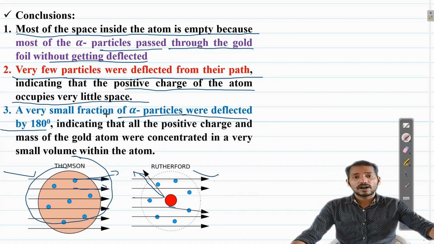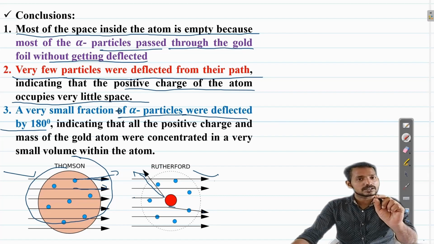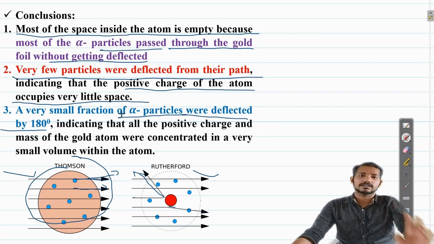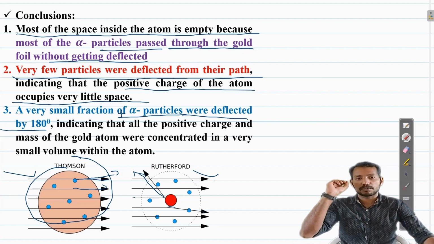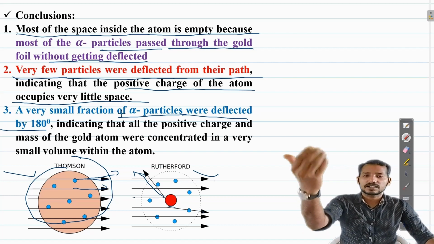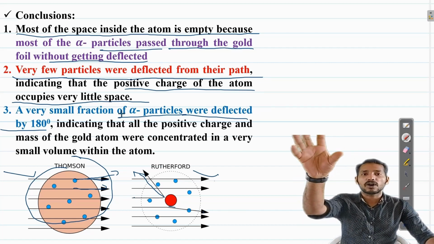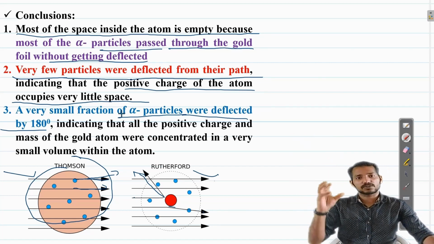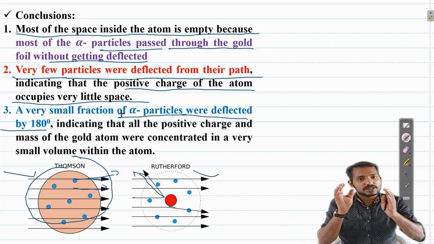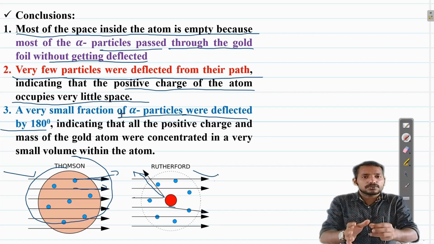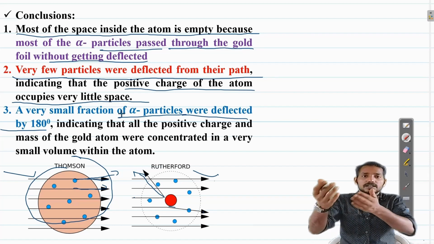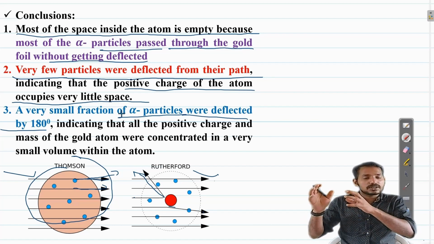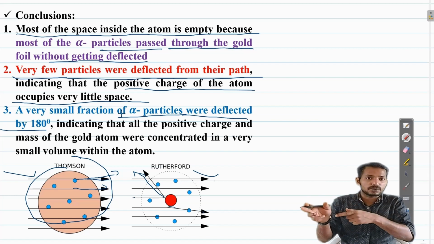This indicates why only a few alpha particles were rebounded: because they hit a heavy mass. When you throw a rubber ball at a wall, what will happen? It rebounds, because the mass of the wall is much greater than the mass of the ball. So for the very few, about 1 out of 12,000 alpha particles that rebound, the mass of the alpha particle, we know, is 4u.